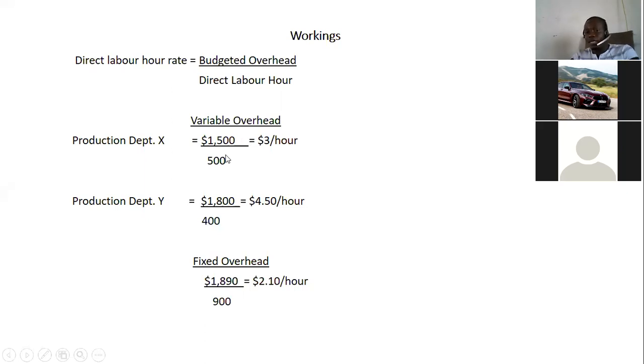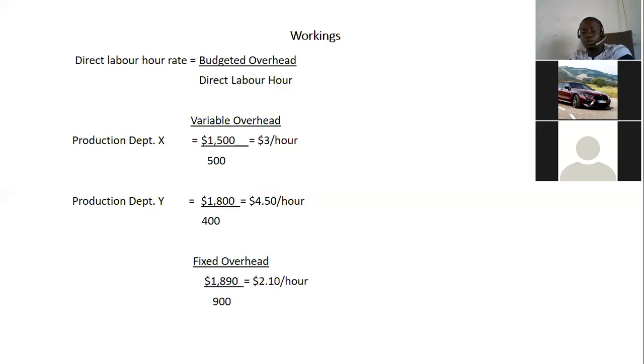Then to find the actual labor cost for production department X, we will need to use this rate and multiply it by the number of hours that has actually been spent on the job.